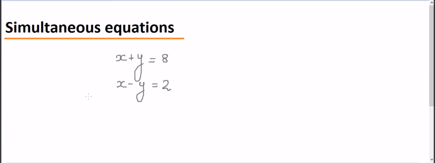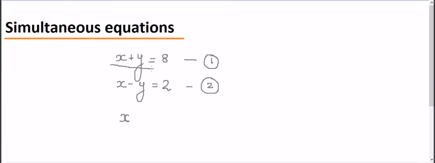See, take any equation. The very first thing is you need to name these equations. So let us say this is my equation 1 and this is my equation 2. Now from equation 1, I need to calculate the value of x or y. Say, let me calculate the value of x.